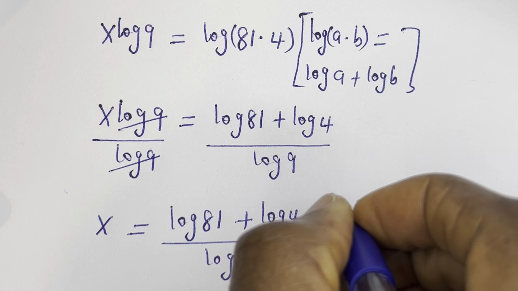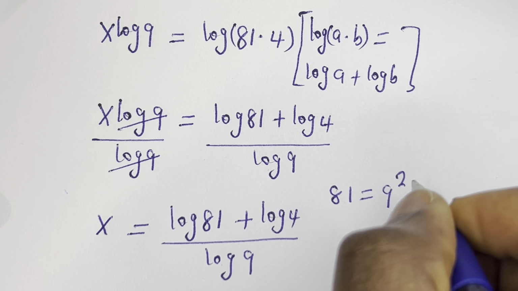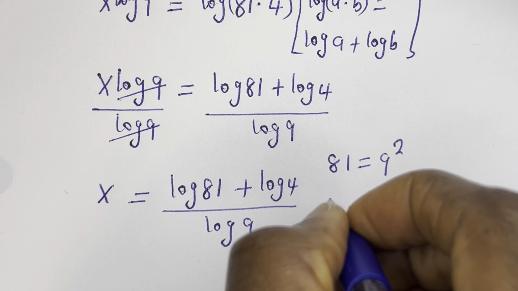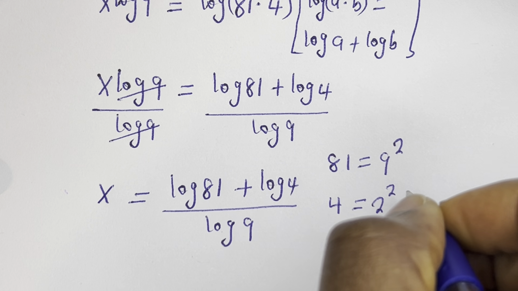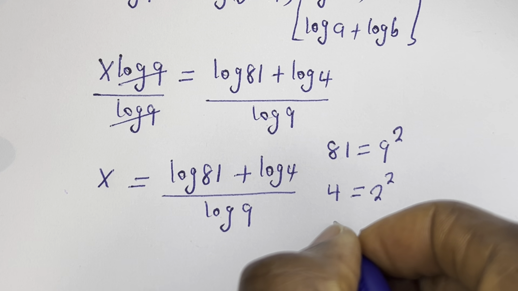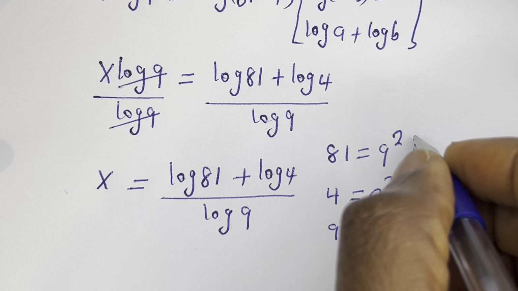Now note that 81 is equal to 9 square. Then 4 is equal to 2 square. And also 9 is equal to 3 square.